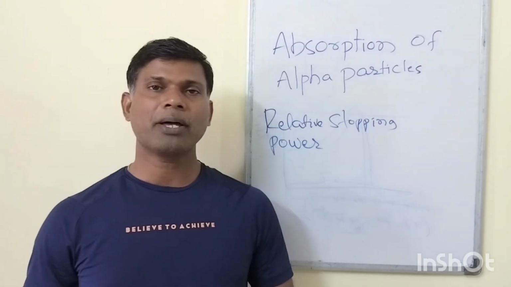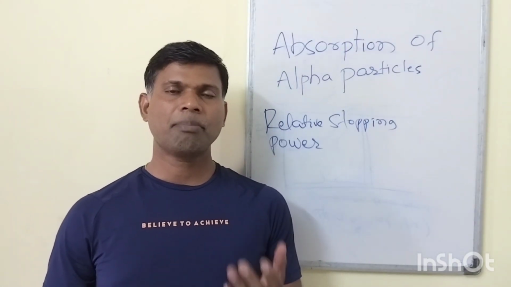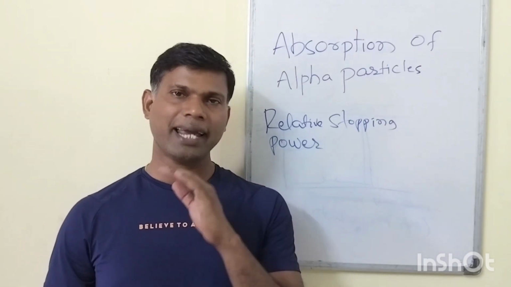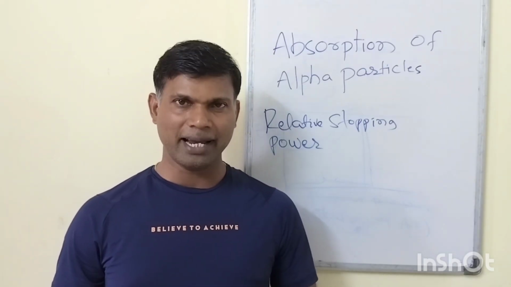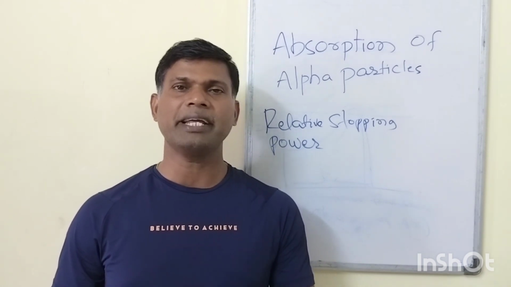Relative stopping power, the definition is given like this. It is a simple formula. Simply the ratio of the range of an alpha particle in air divided by the range of an alpha particle in the medium.